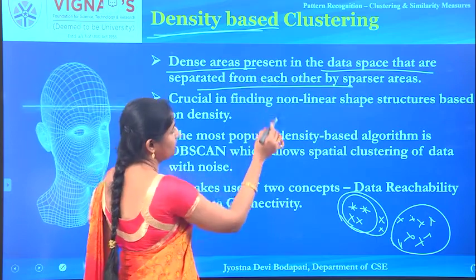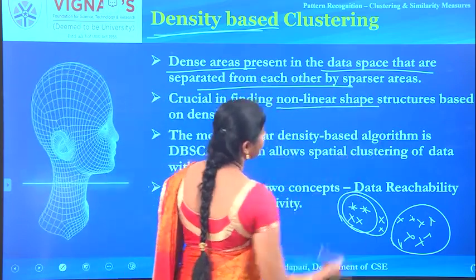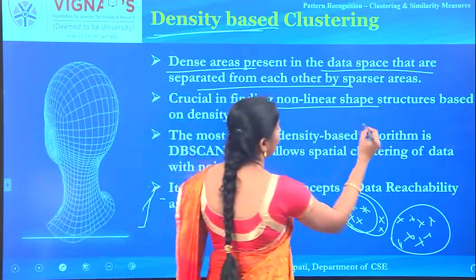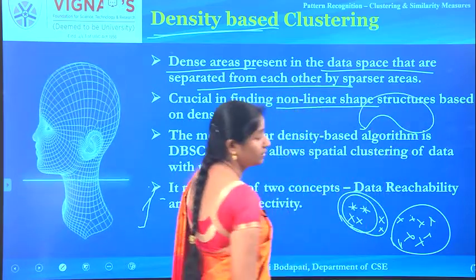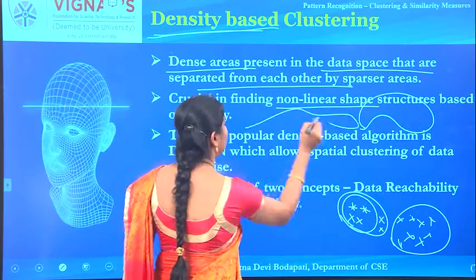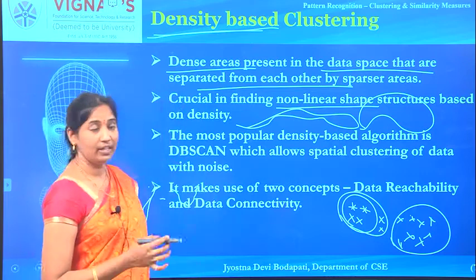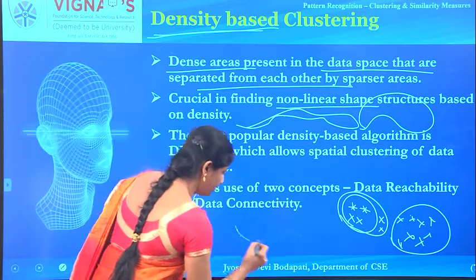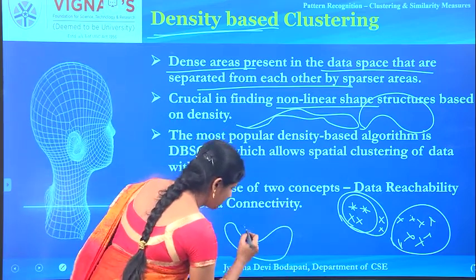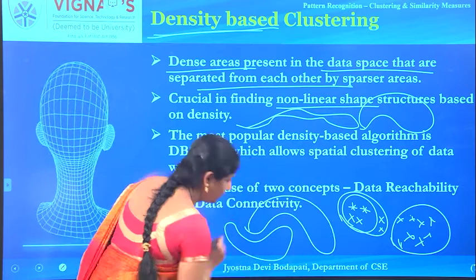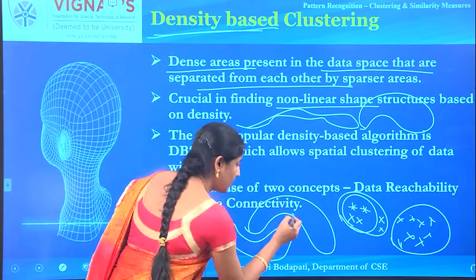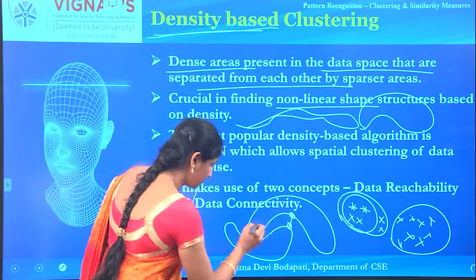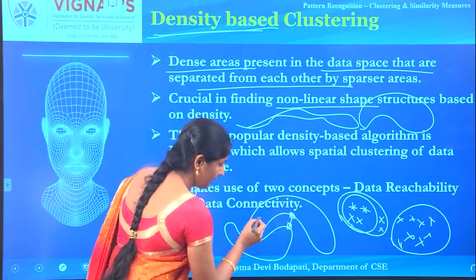These density based algorithms are very crucial in designing clusters which form non-linear shapes. Say for example, your cluster has to be of this shape or maybe of this shape. Say your data is something like this. Though these two samples look closer than these two samples, these two samples will be forming a single cluster rather than these two.